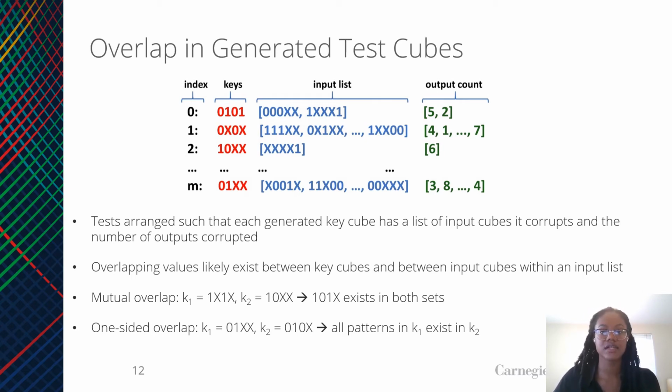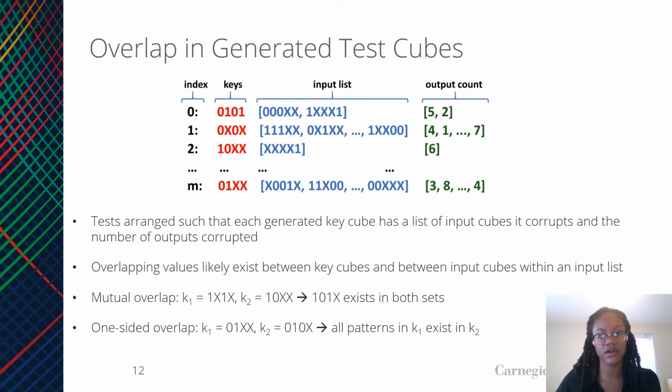And so the key cubes generated likely have overlapping values. For example, in this image, the key at index 0 and the key at index 1 have overlapping values. And the same can exist in the input list. So the next step is to remove the overlap from the generated sets. There are 2 types of overlap that we consider.